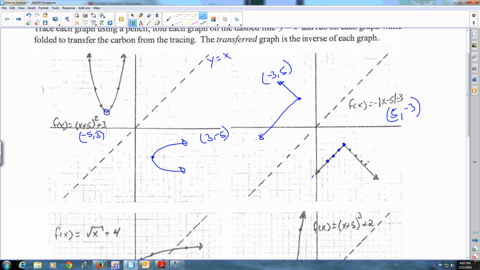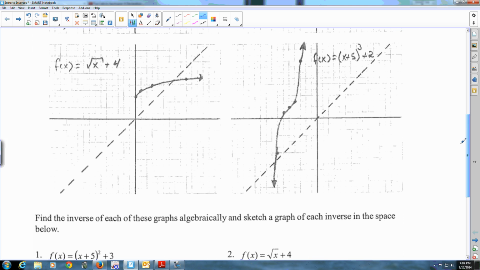Okay? So you're hoping that you can see, if you folded it over that line, this is what it would become. So this is the inverse of this graph. This is the inverse of that one. Or you could say they're inverses of each other. That is the inverse of this one. Okay.